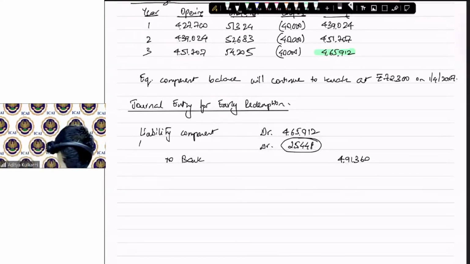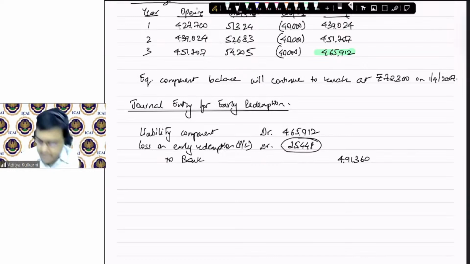This is loss on early redemption, which goes to the P&L.